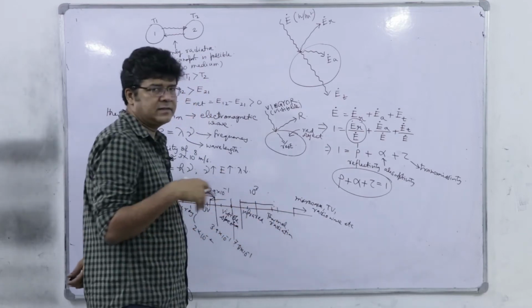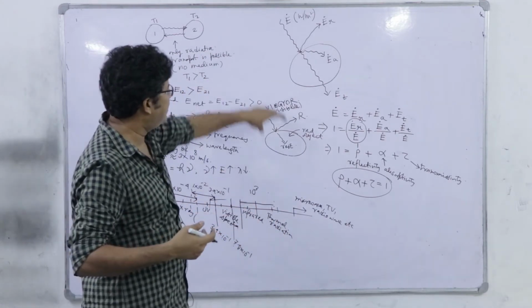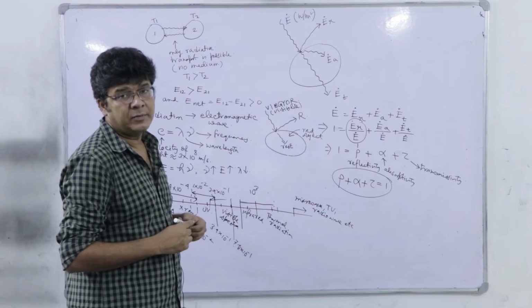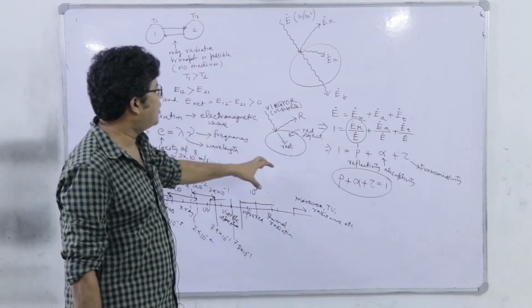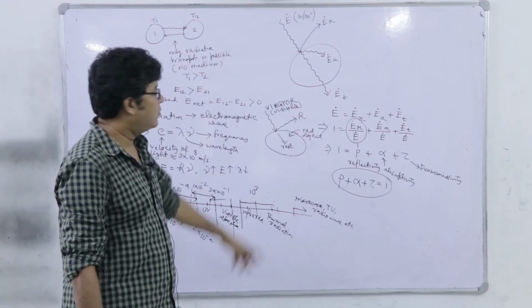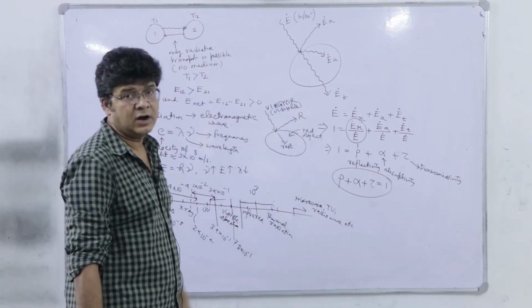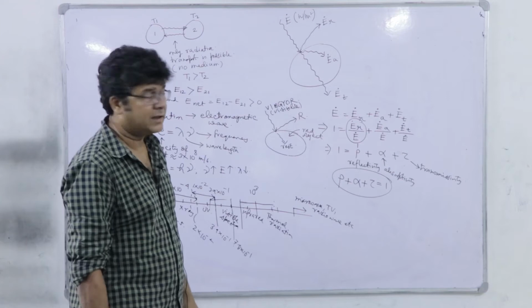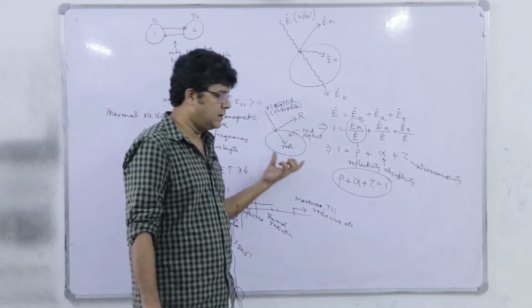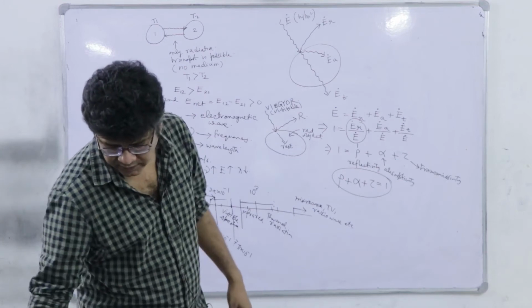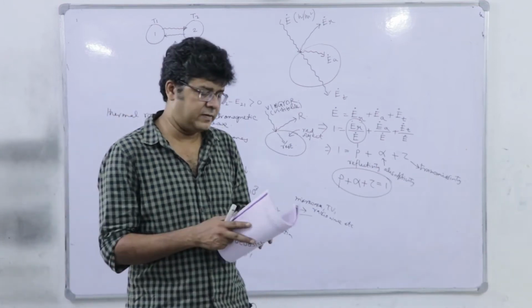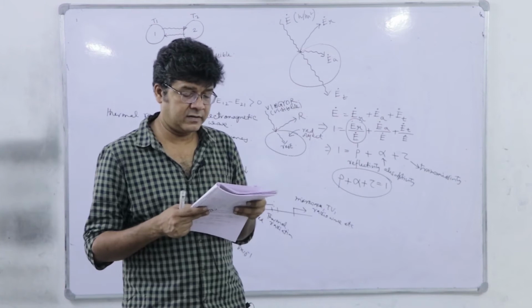If it reflects all the incident radiation within the visible range, it will appear as white. And on the other hand, if it absorbs all the incident radiation within the visible range, then it will appear black. And that is the normal notion of different colors that we see for different objects.